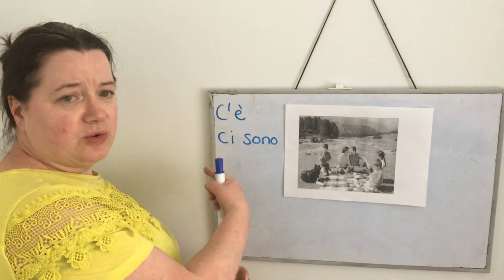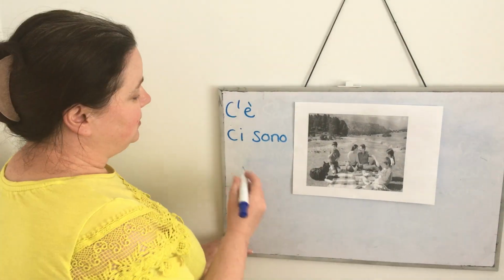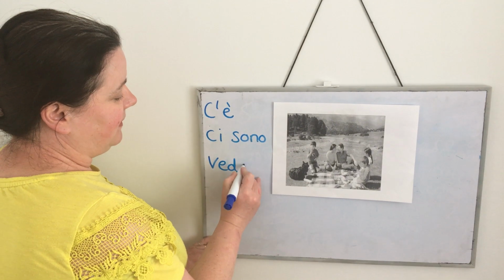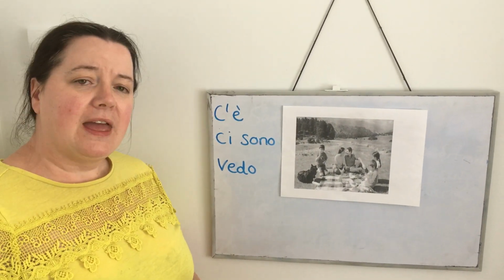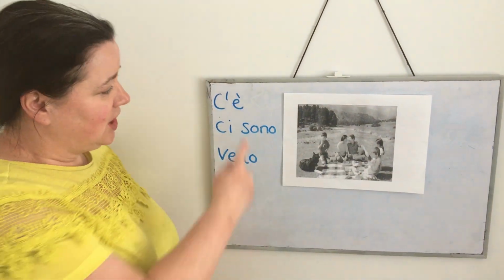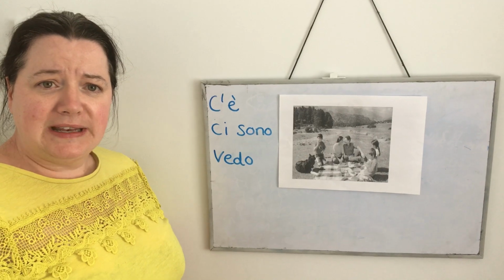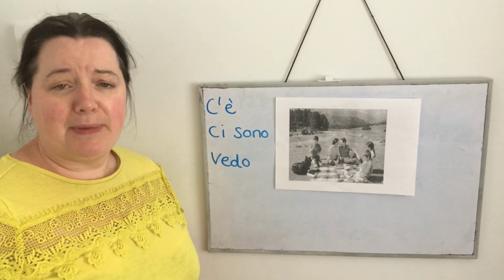Again, c'è and ci sono can apply to this. Okay, another thing that you can use is vedo, I see. Okay, so vedo una famiglia, c'è una famiglia, ci sono 1, 2, 3 bambini.